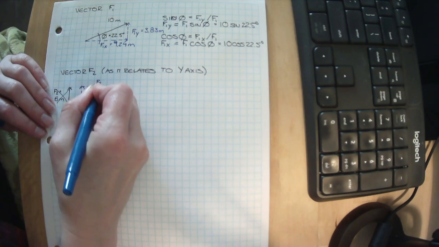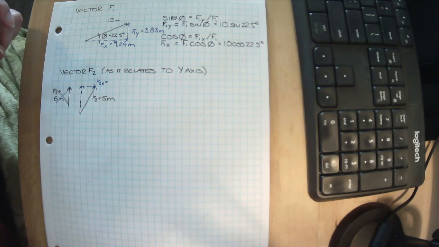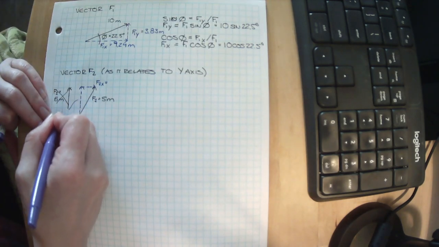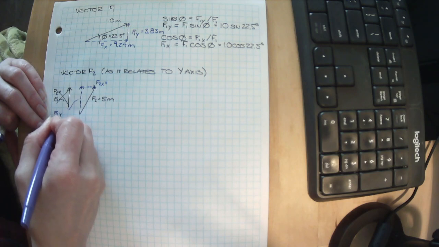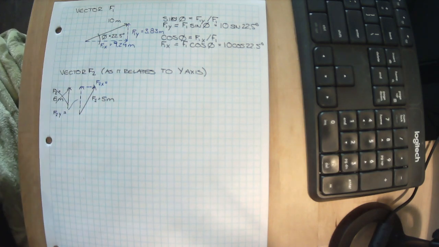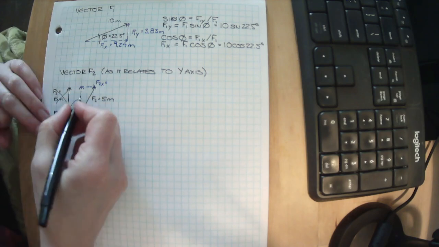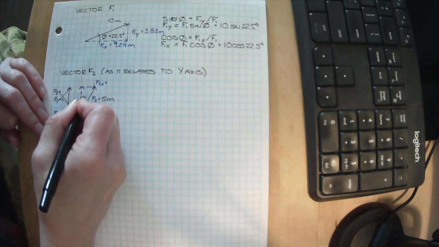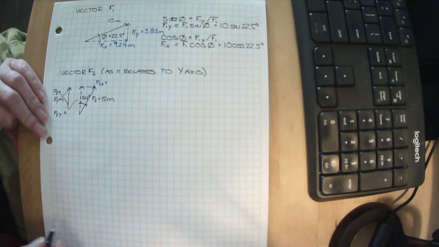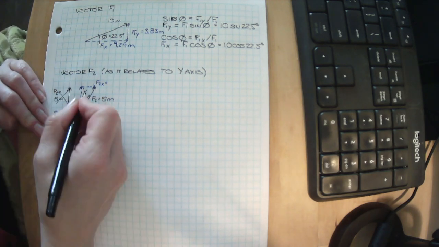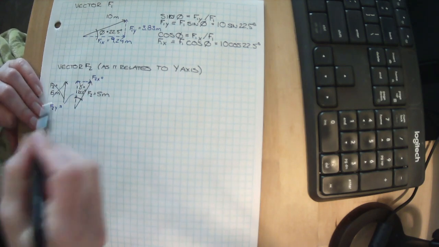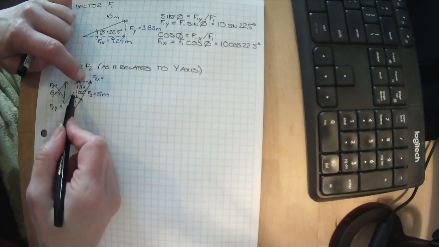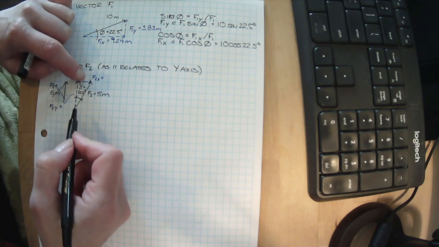So this is F2x. And this is F2y. And they gave us this relative to the y-axis and told us it was 22.5 degrees. So this is our angle, meaning that's the opposite side and that is the adjacent side.